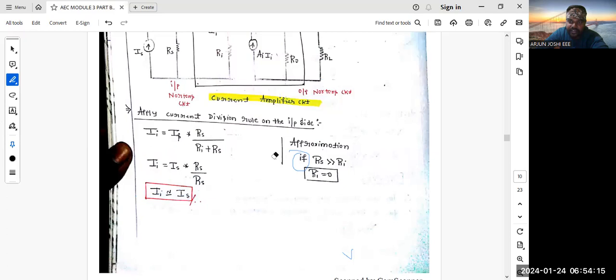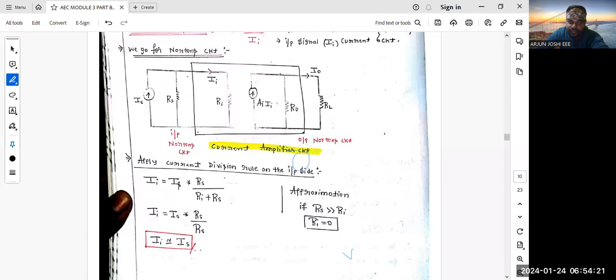How to apply the current divider rule, students? All of you should know the basics of how to apply the current divider rule. It's very easy, but if you don't understand, it's very complicated. Even I faced a lot of struggle to understand these things. So there is no issue in the understanding. Simultaneously, you need to put in some effort and try to understand the things to clear the subject.